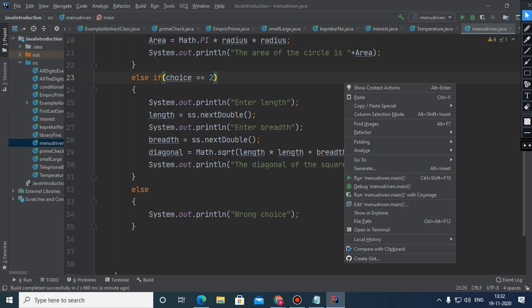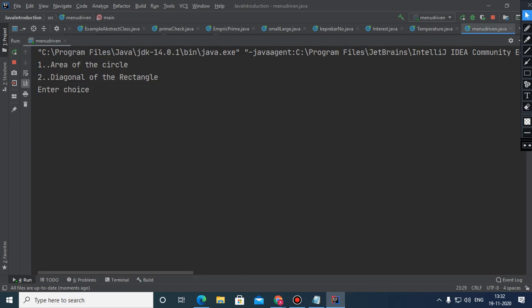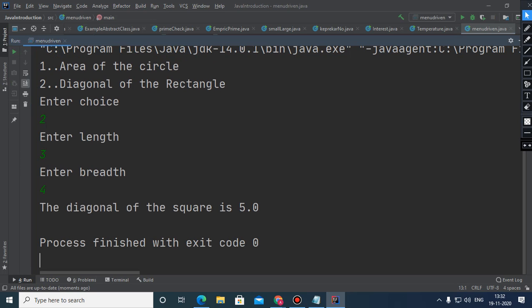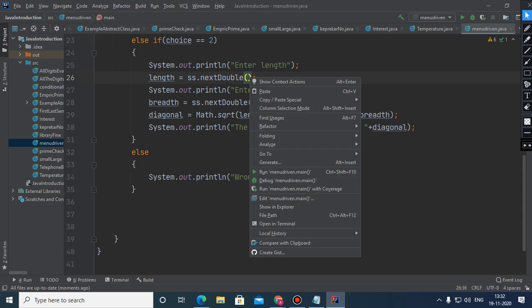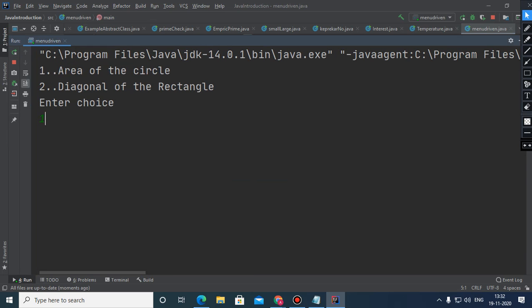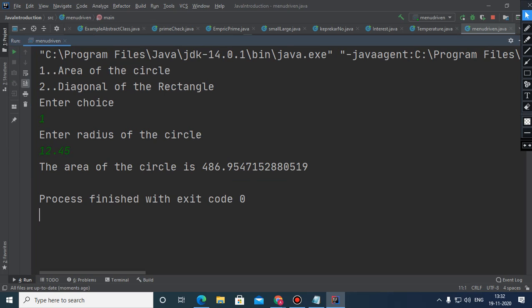In a similar way, if it is 3 and it is 4, it is 5.0, which is coming perfectly. And here one more, the very first part, which is choice 1, and it is 12.45. This is the radius. So the area is 486.9547 approx.